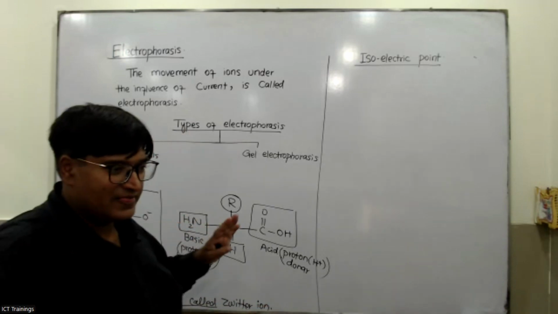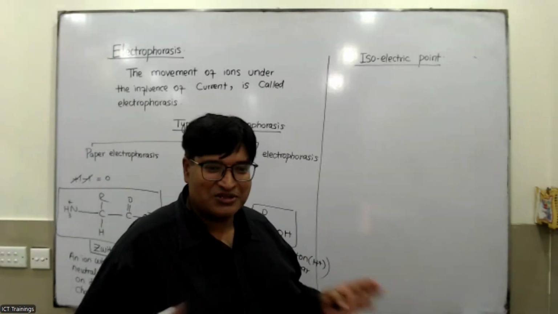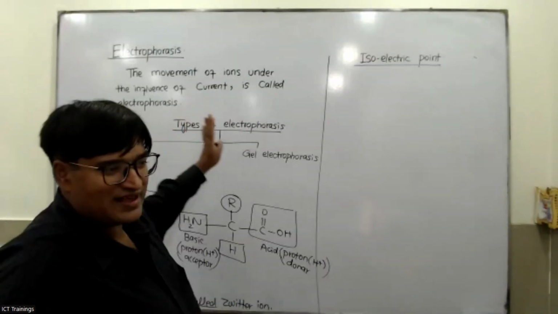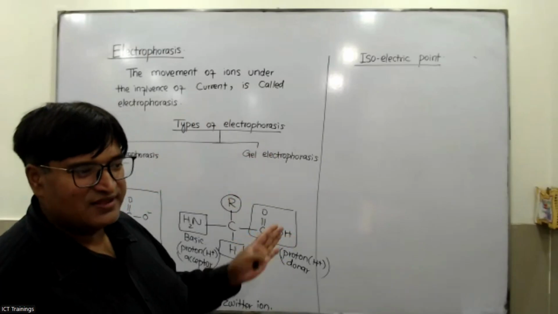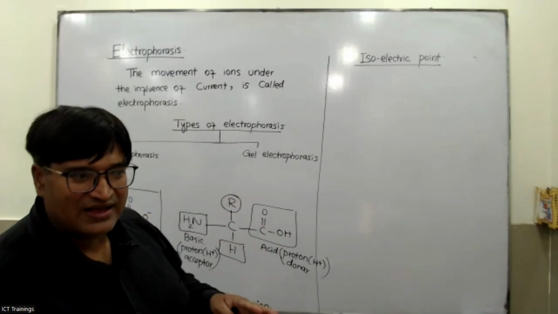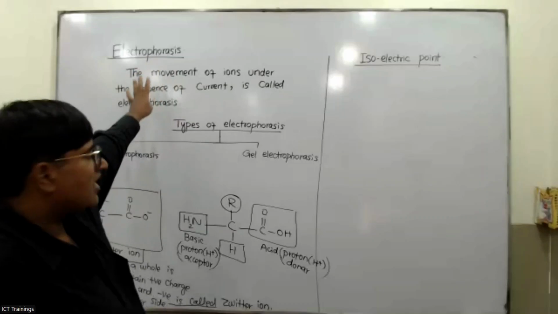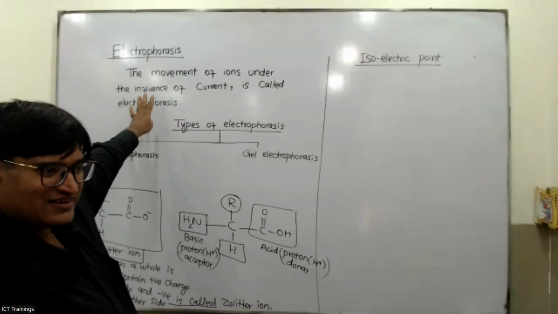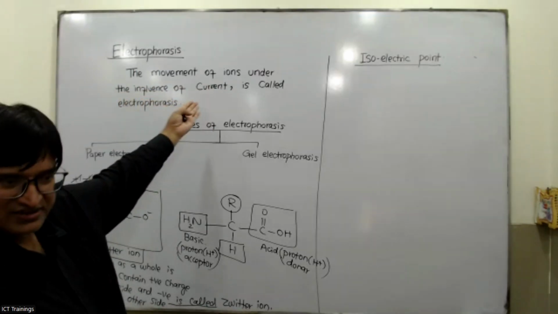Now come here again. I'm going to take you again and again to different things because this topic has many subtopics, so we have to discuss them. At the end, we will combine them and you will get everything, so please don't get confused. We started first of all with electrophoresis, the movement of ions under the influence of the current.